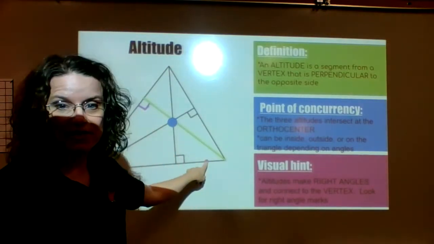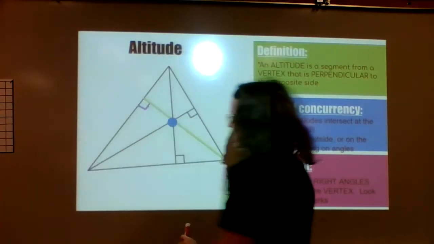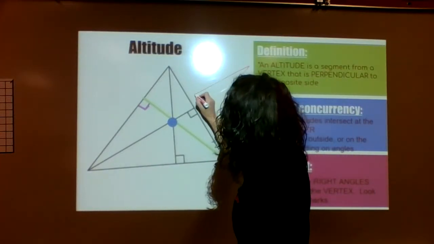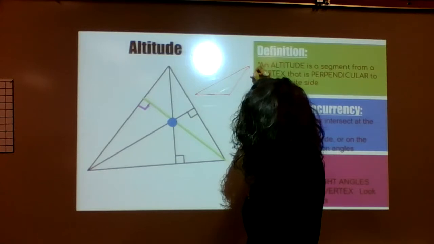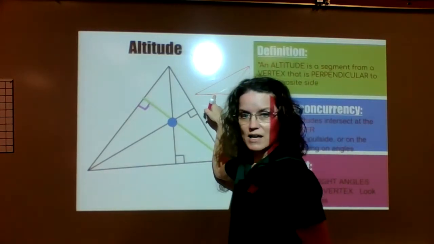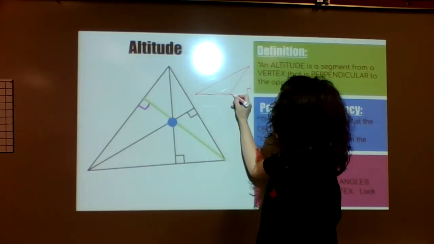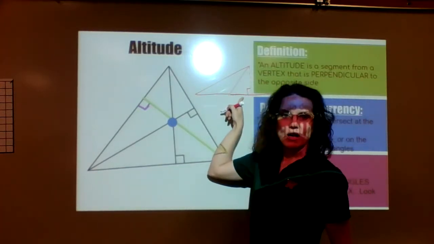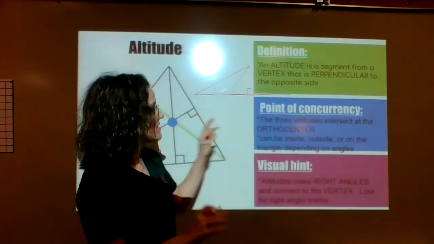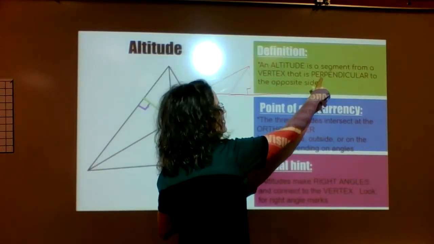It might be off to the side, might be over here. Depending on your triangle, if you have a nice obtuse triangle, you might even have an altitude that is perpendicular to this side, but isn't perpendicular to it unless you come way out here on this exterior angle. Okay, so altitudes, the main thing you're looking for is that they are perpendicular.